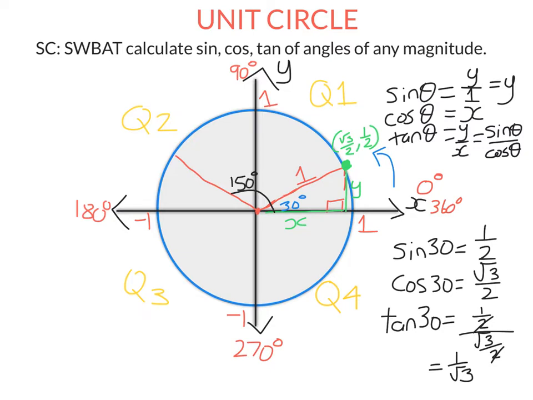But if that angle's 150 degrees, this angle here would also be 30 degrees, of course, because 150 plus 30 equals 180. So let's make up another triangle. Once again, this would be right-angled. These two triangles here would be congruent.